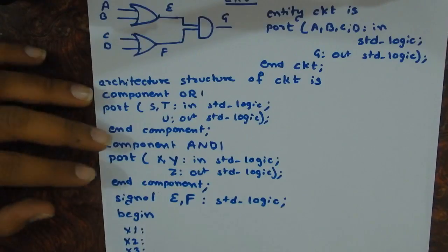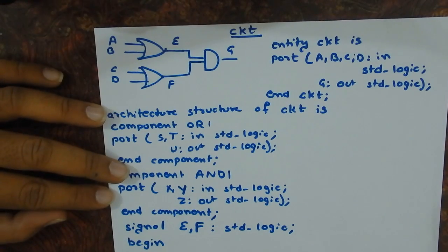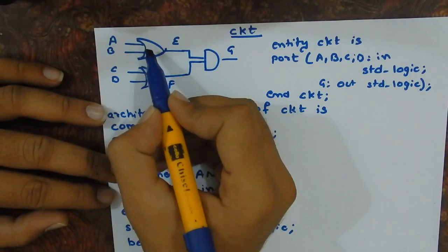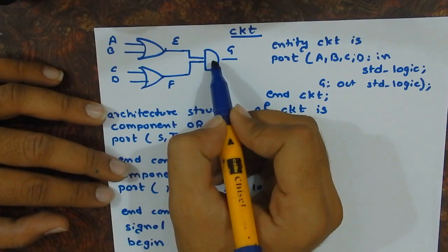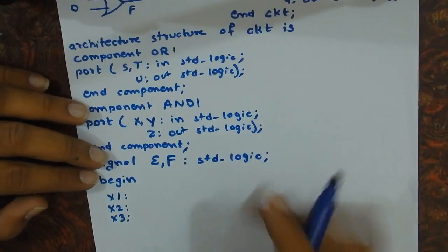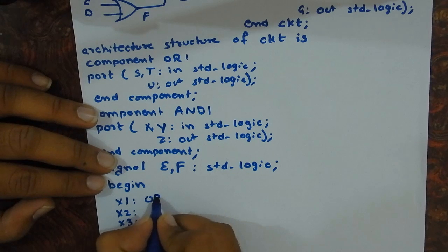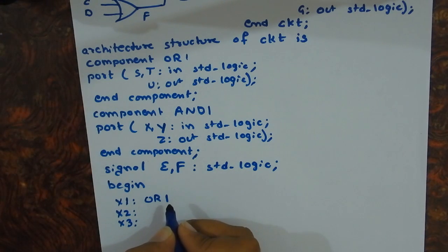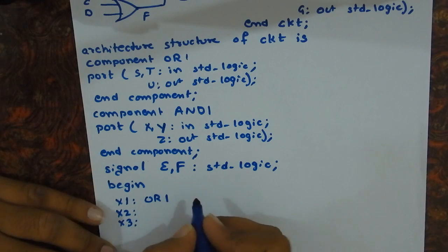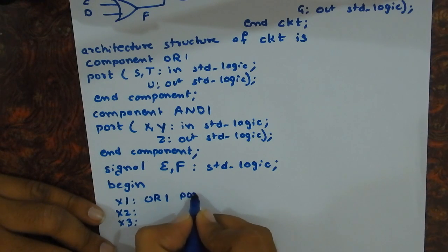So the x1 is the first gate what we have to declare or what we have to create the instances for, this, and the second is this, and the third will be this. So x1 for this, x2 for this and x3 for this. So x1 will be OR1, since this was a OR gate and we have created the component OR1, and this will be followed by the keyword port map.